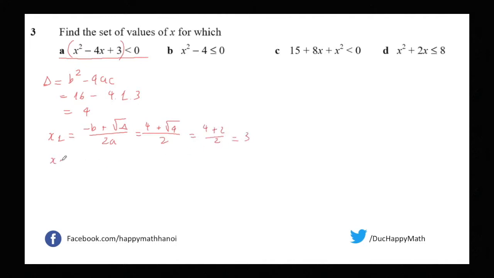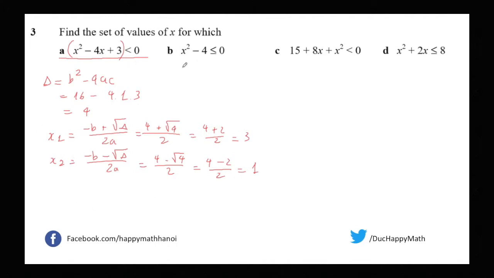It's the same way for x2, but you change the sign: minus the square root of delta over 2a, so 4 minus 2 divided by 2 equals 1. So when you get x1 equal to 3 and x2 equal to 1, this is step 1 for solving the quadratic inequality.